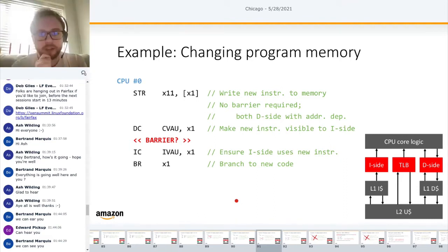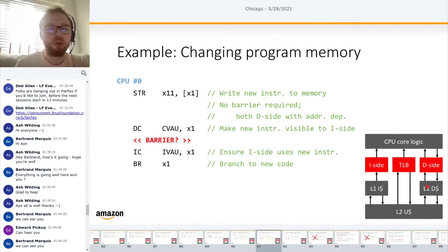Well, let's first ask ourselves what might go wrong if these two things get reordered with respect to one another. If my I cache started invalidating the yellow star, the thing is that speculation, including speculative cache line fills, can happen at any time for any or no reason, and you basically must assume that they're going to happen at the worst possible time. And for us, the worst possible time here would be that as soon as I've got rid of that yellow star from my L1 I cache, the L1 I cache immediately decides to speculatively fetch it again.